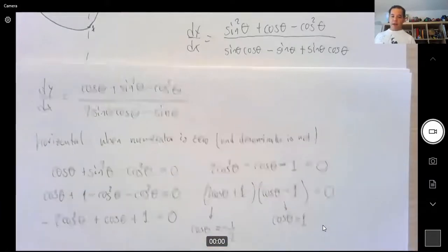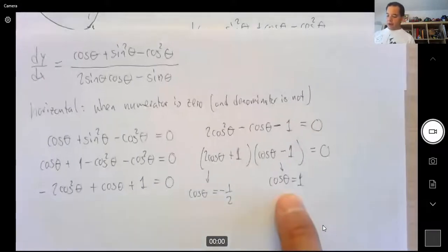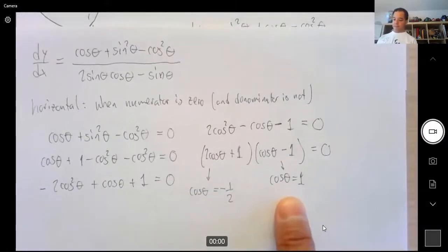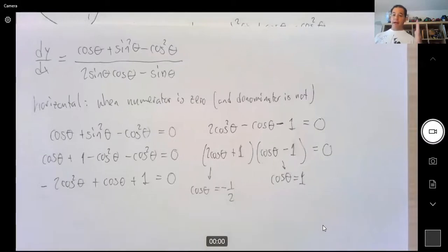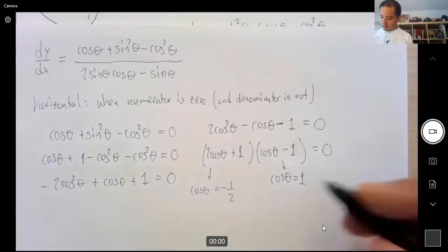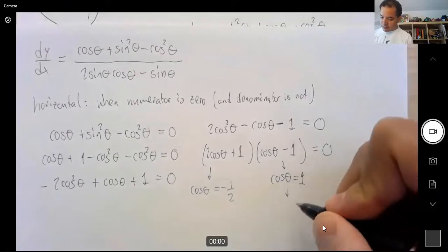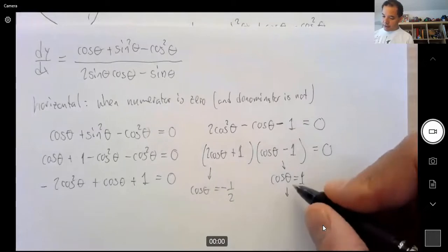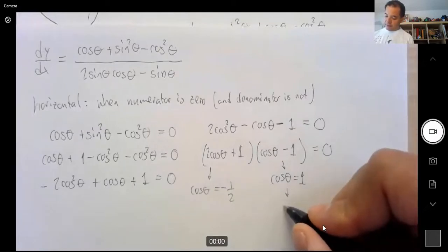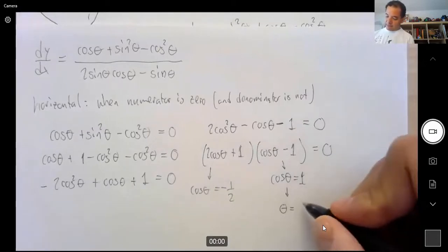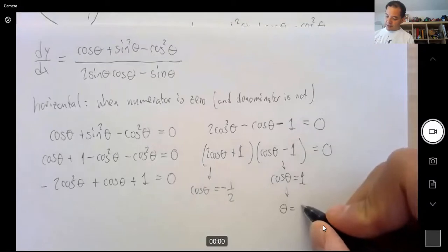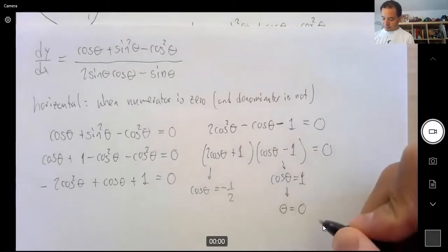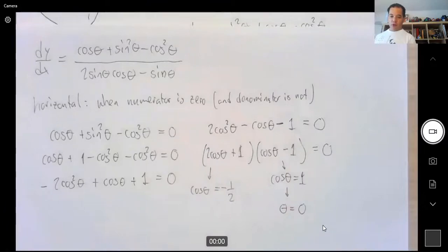Now, what angle gives you a cosine of 1? Between -pi and pi, that's our domain. The angle that gives you cosine 1 is 0, right? So only one solution.